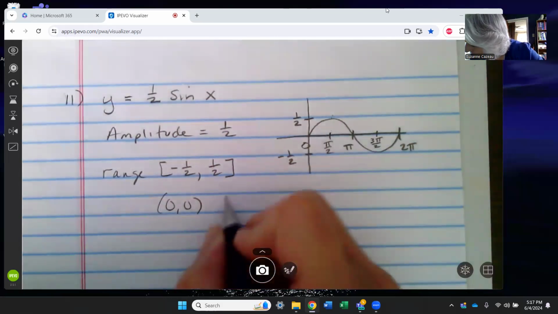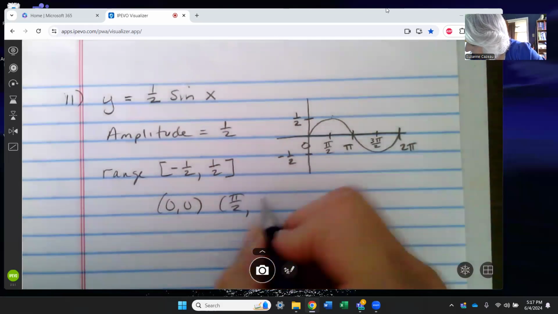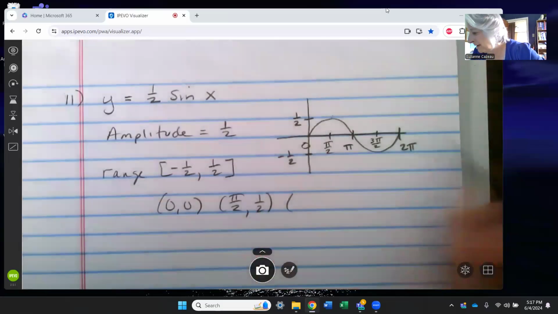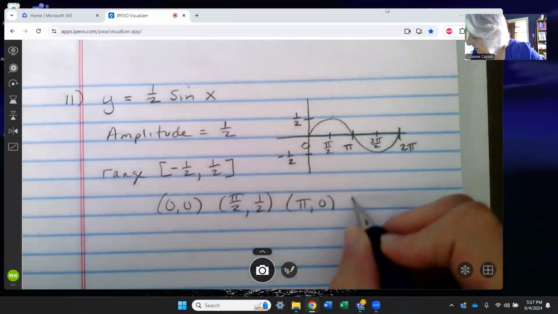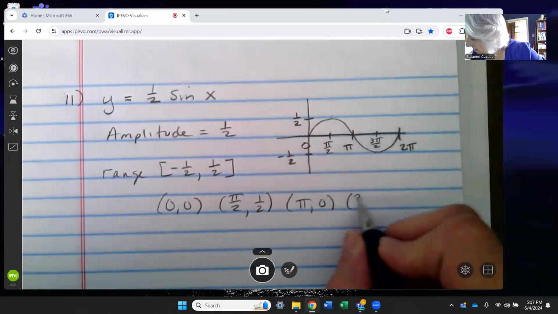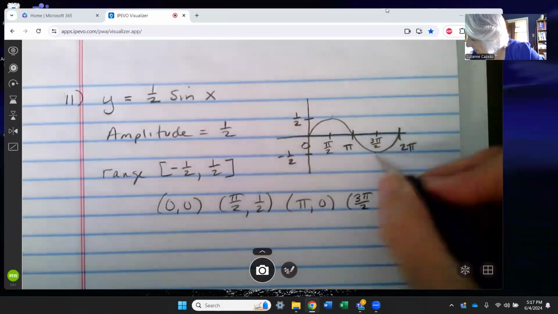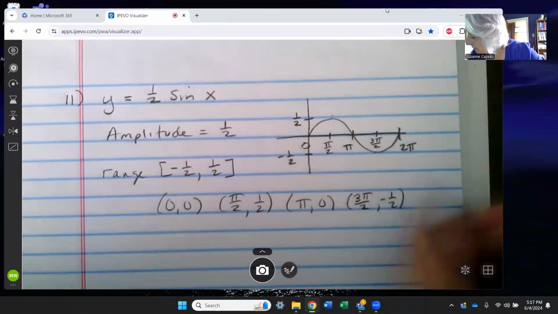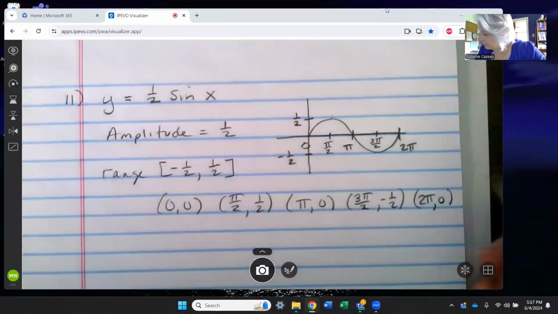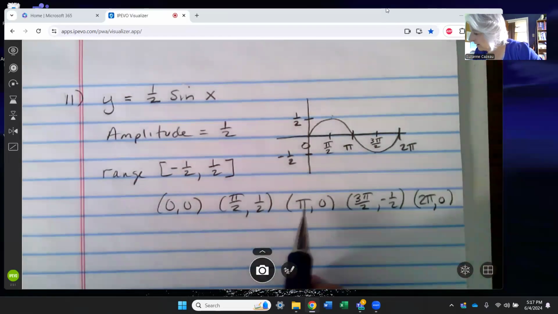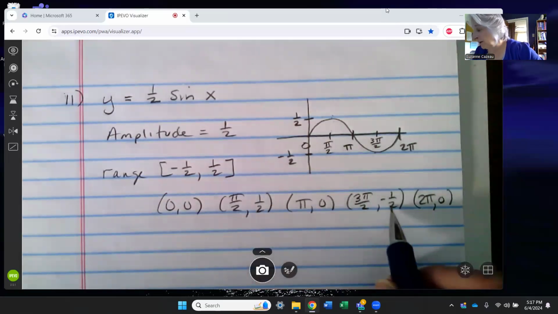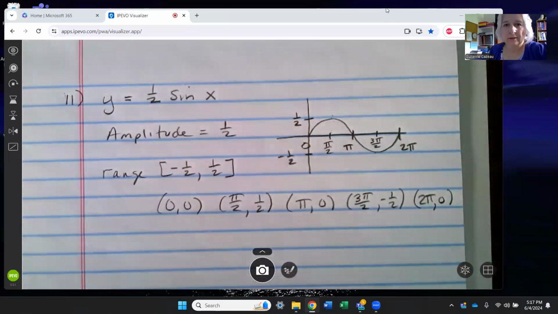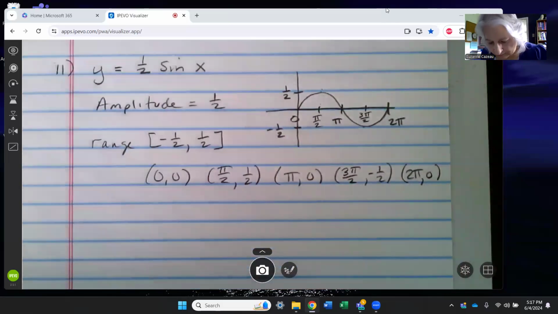And then we've got pi over 2, 1/2, and then we come back down to 0. So that's going to be pi, 0. And then we're going to be down here at 3 pi over 2, and that's negative 1/2, and then back up to 0. So 2 pi, 0. There. 0, pi over 2, pi, 3 pi over 2, 2 pi. 0, 1/2, 0, negative 1/2, 0. All right, I think that's all they want.